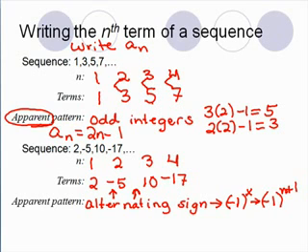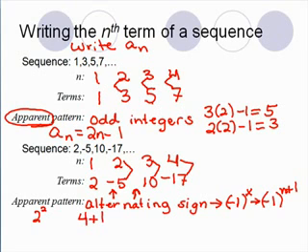Now let's take a look at the differences between our terms and our value for n. As you can see, they're not growing linearly. So let's take a look at what's the next thing besides linear. Well, let's try quadratic. 2 squared is going to give me 4.